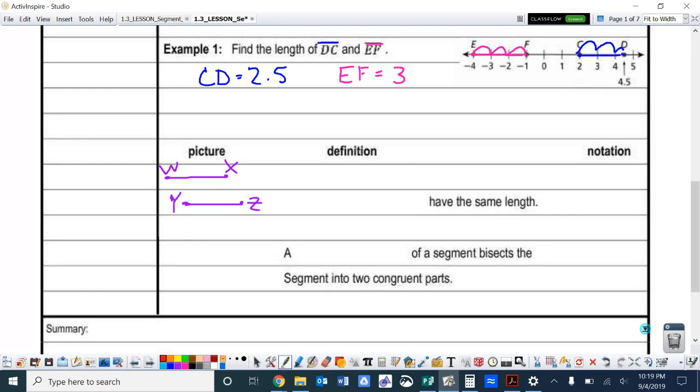We drew them to be congruent, so to show that they're congruent, I'm going to put these two vertical lines, one on each segment, to show that these two segments are the same length. And we call this picture congruent segments.